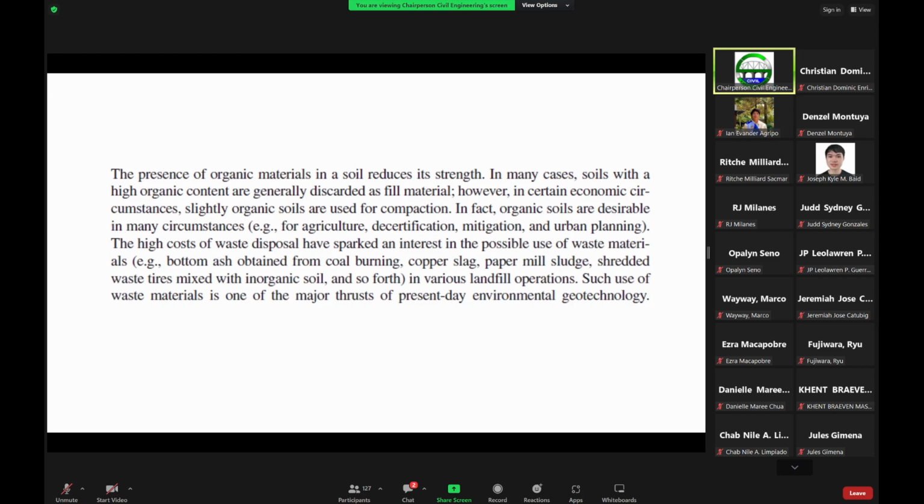The use of waste materials is one of the major thrusts of present day environmental geotechnology. So this is what we call a field called environmental geotechnology.